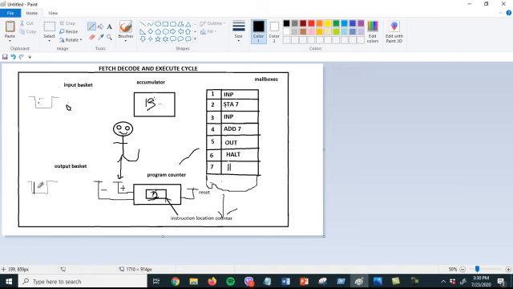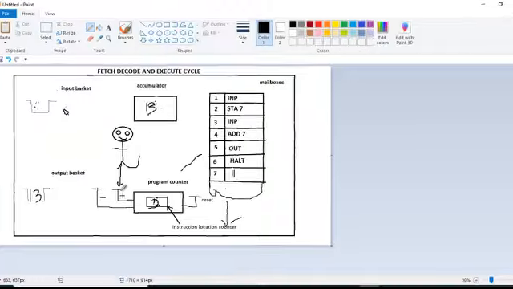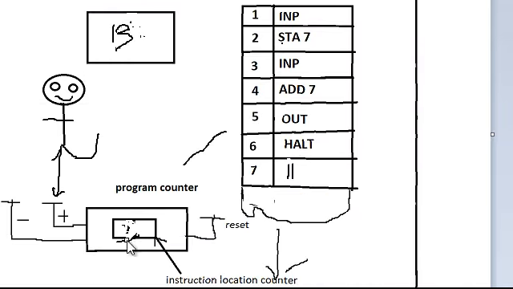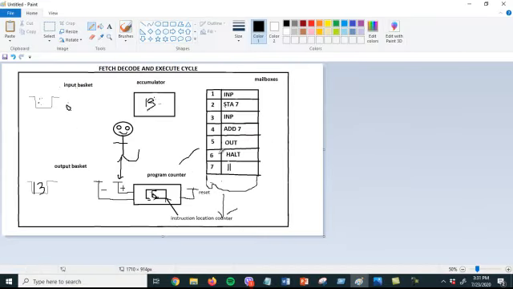So this will have an output to the monitor. Next he will step again on that button and increment 5 to 6, address number 6, and 6 says stop or halt.